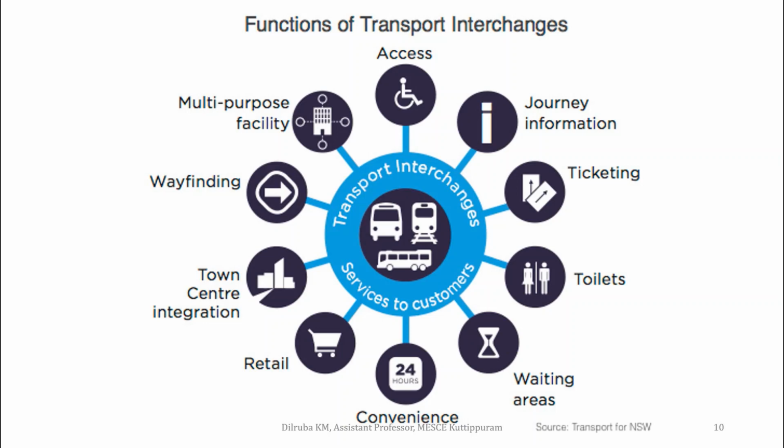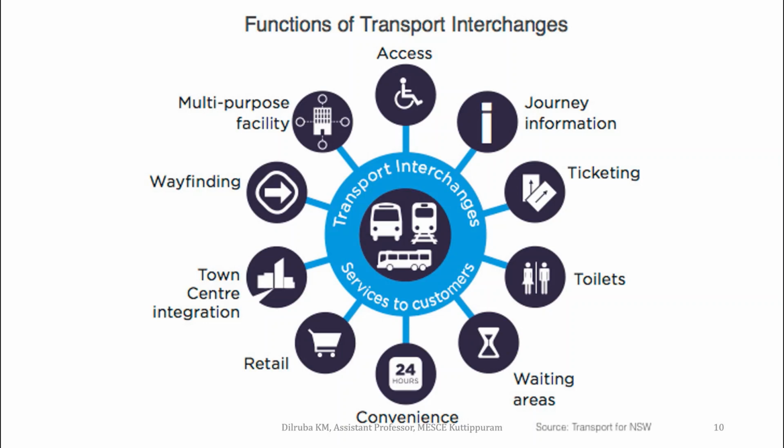So the functions of transport interchanges or integration: we should provide access to impaired people, and there should be access to journey information, like for railways, we can track where the train is right now, when it will reach our station, and also if we can take tickets online, and there are facilities for toilets and waiting areas, and if it's convenient around the clock, and if the transportation facilities like infrastructure are also provided near retail and commercial areas or the town center.